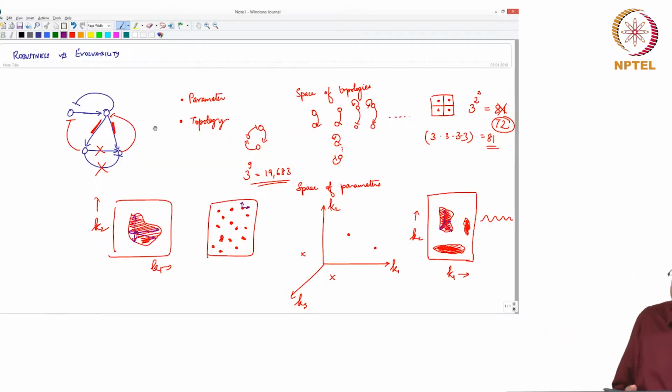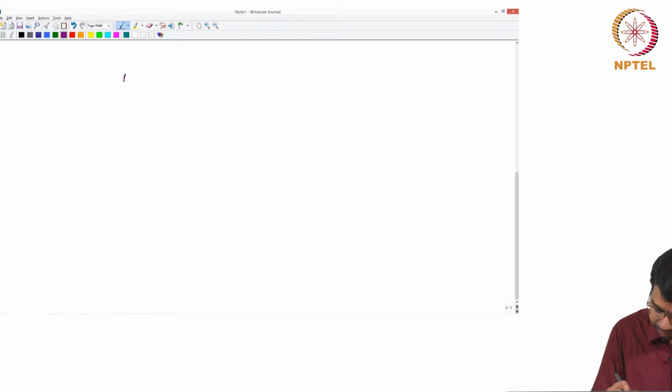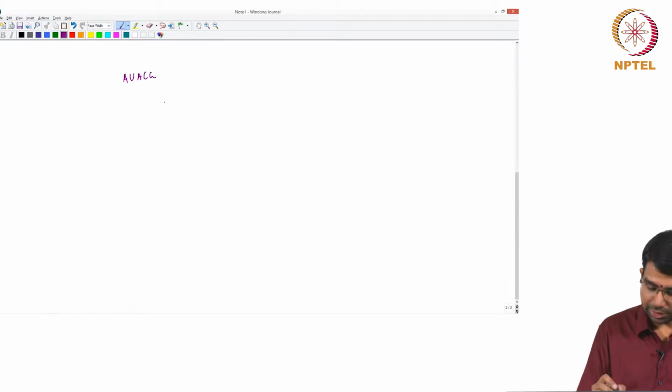So, if you want a quick example, let us consider an RNA sequence of this sort. It is a very small RNA sequence. If you did point mutations, you can get many more RNA sequences, right. So, how many RNA sequences can you get from this?